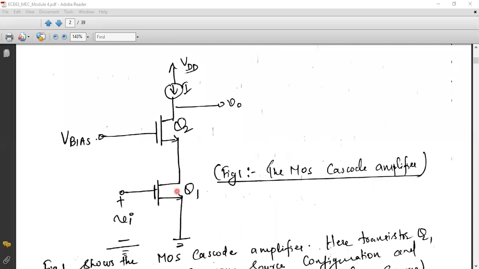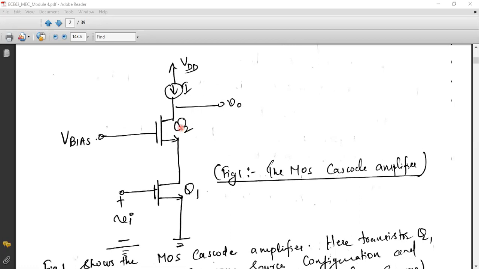So this transistor Q1 is in common source configuration. You can see the source is grounded and you are giving your input to the gate. So this is in common source configuration. And Q2 is in common gate configuration. So we are actually cascading common source and common gate together to form a cascode amplifier.